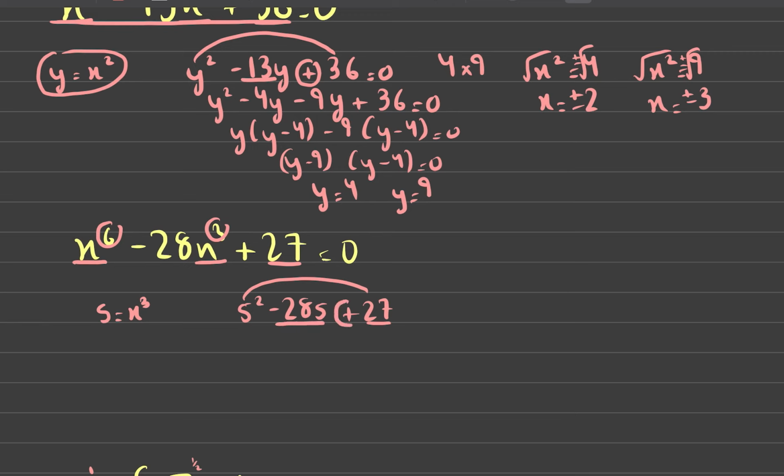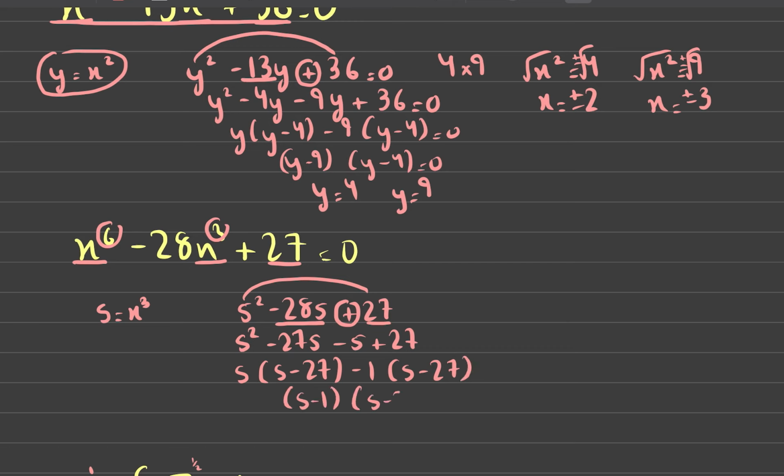And if you add both of it, you get s squared minus 27s minus s plus 27. Take s common, s minus 27. Take minus 1 common, s minus 27. So it's going to be s minus 1 and s minus 27. So one answer is 27 and the other answer is 1.